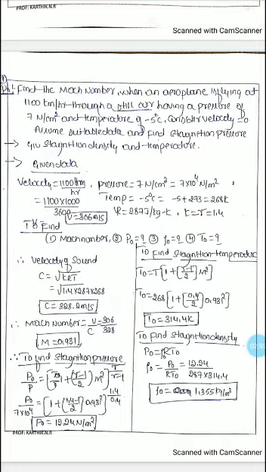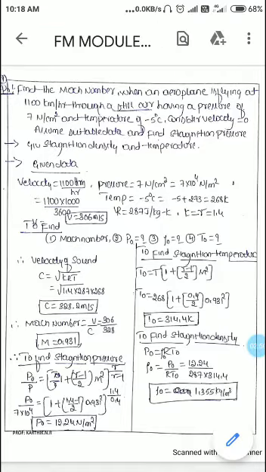Then similarly for the stagnation temperature, we know that T naught is equal to T into the bracket 1 plus (gamma minus 1) divided by 2 into M square. On substitution, we are going to get T naught as 314.4 Kelvin. Then last one is stagnation density. We can use the formula P naught is equal to rho naught R T naught, where P naught is the stagnation pressure, rho naught is the stagnation density, and T naught is the stagnation temperature.